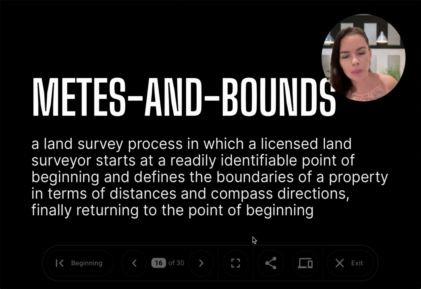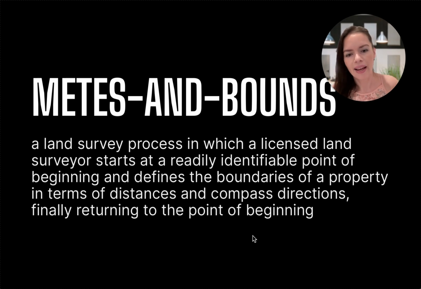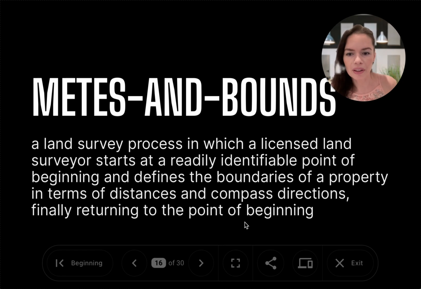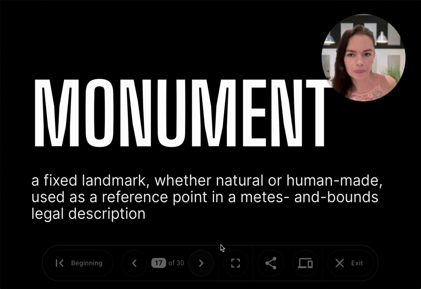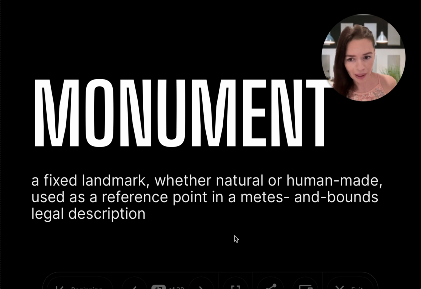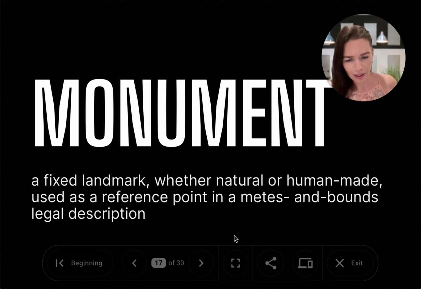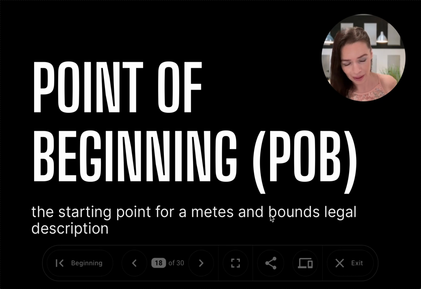A land survey process in which a licensed land surveyor starts at a readily identifiable point of beginning and defines the boundaries of a property in terms of distances and compass directions, finally returning to the point of beginning. Monument. A fixed landmark, whether natural or human-made, used as a reference point in a metes and bounds legal description. Point of beginning, POB.